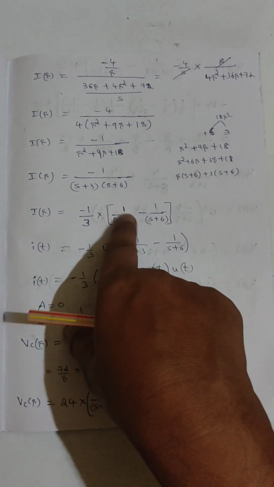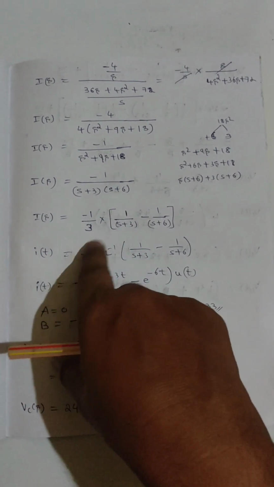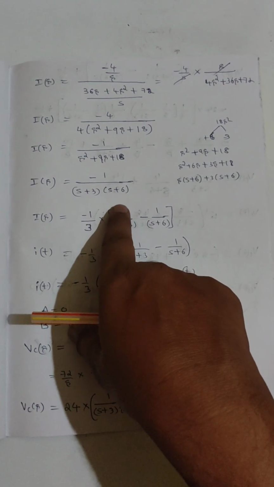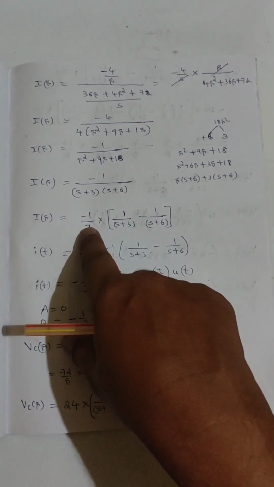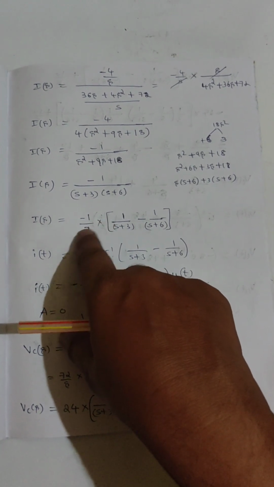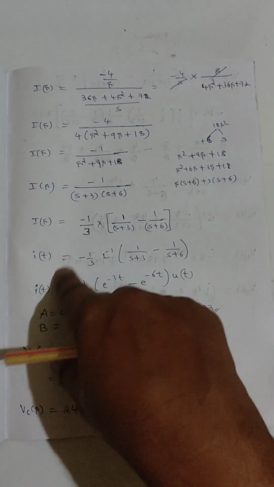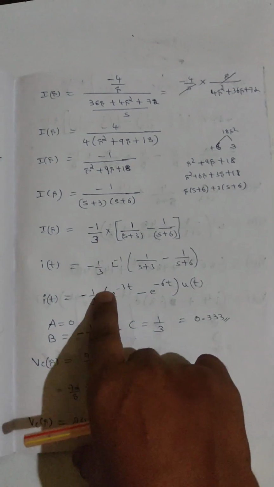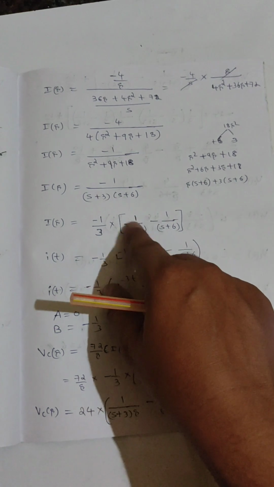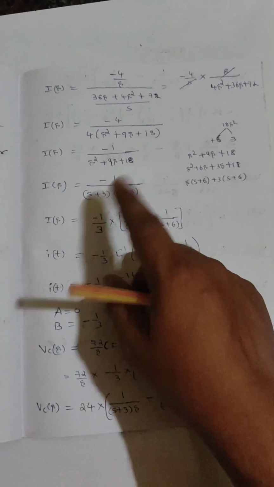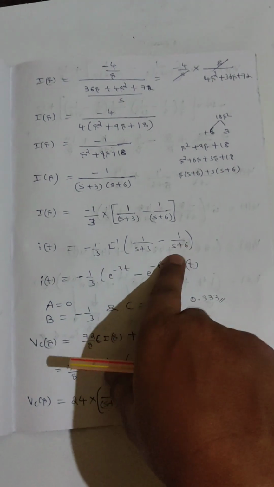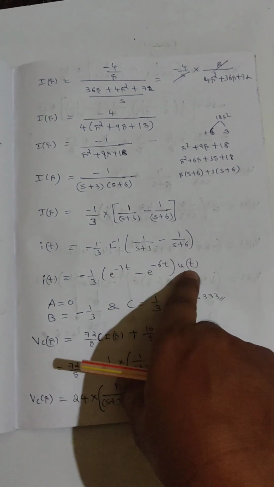Simplify this: in the numerator you will get a parameter called 3, so multiply and divide by 3. The 3 and 3 get cancelled. Overall the simplification gives 1 by 3, and then taking the Laplace inverse, we get e power minus 3t minus e power minus 6t.